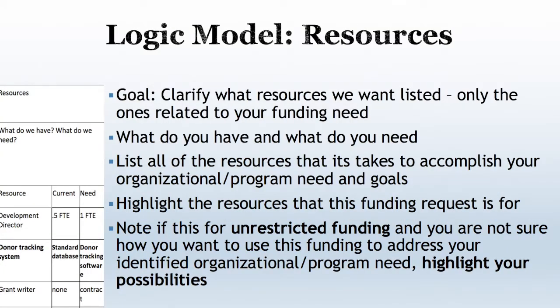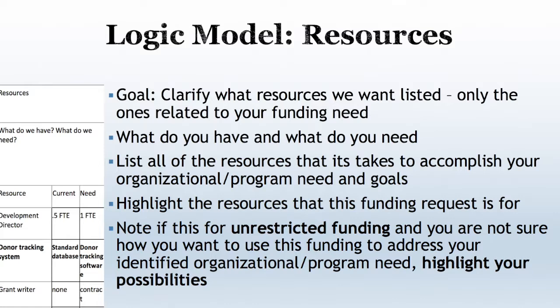So next we are going to discuss your resources, which you currently have available to you and what you need. So in our example, our need is, we need to increase our contributions. And first we're going to list all the resources we have to currently meet that need, which we have listed: development director, donor tracking system, and a grant writer.